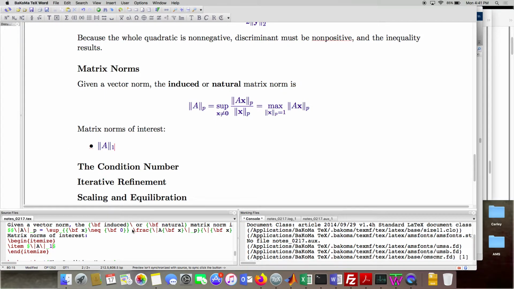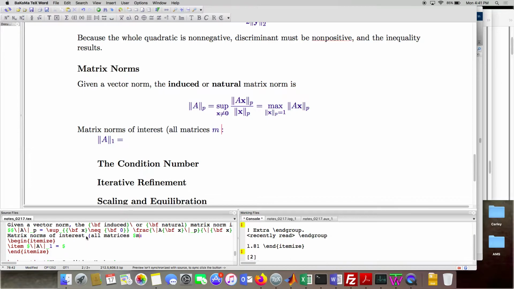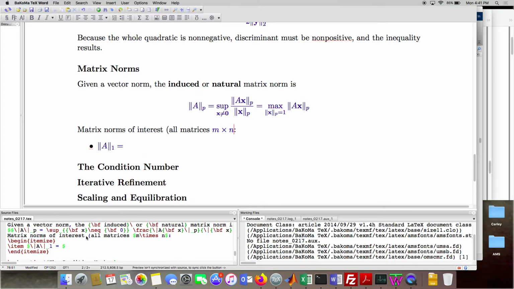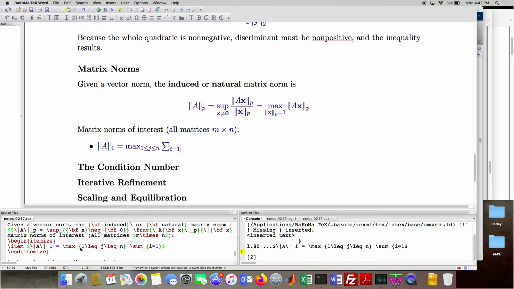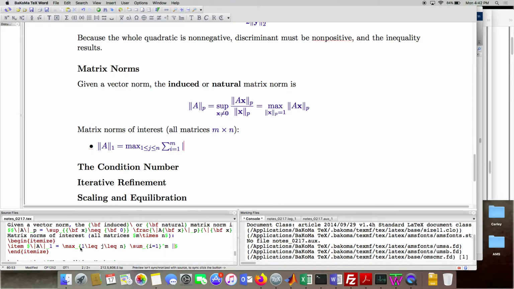So the one norm of a matrix, assuming a matrix is m by n, so not necessarily a square matrix, is the maximum over all columns of the sum of the absolute values of all the entries in that column.